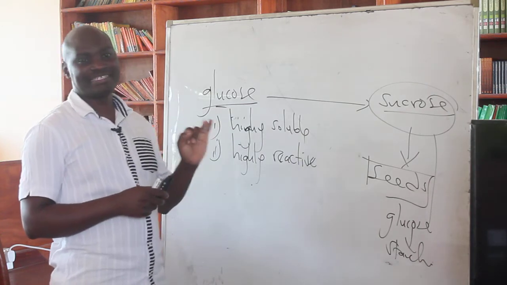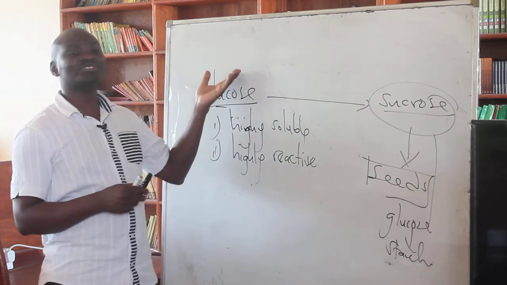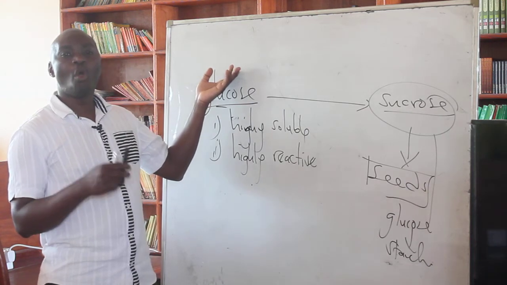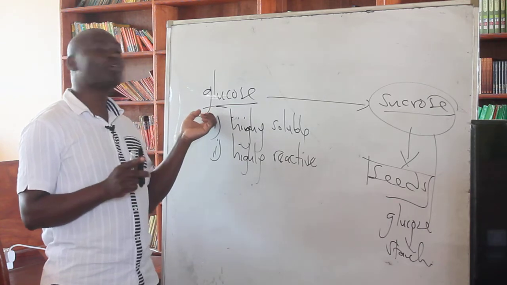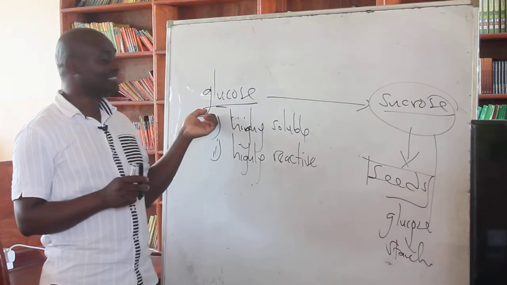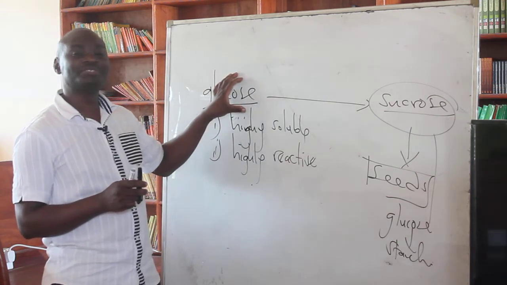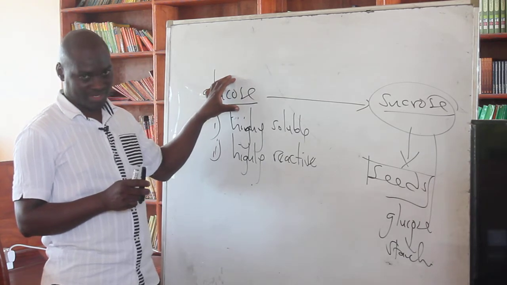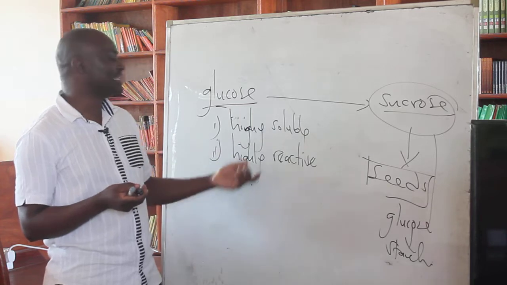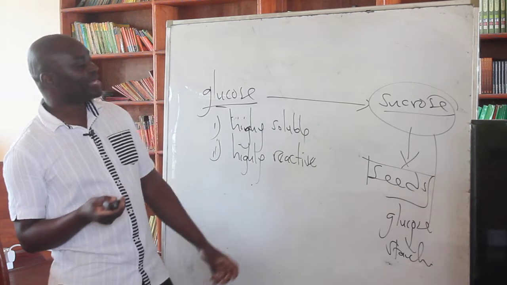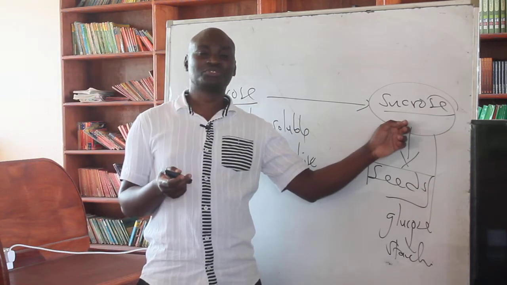So we are saying that during photosynthesis, the plant makes organic substances, and one of the organic substances is glucose. Glucose cannot be transported directly because it is highly soluble and highly reactive. So what happens? It is converted to sucrose.